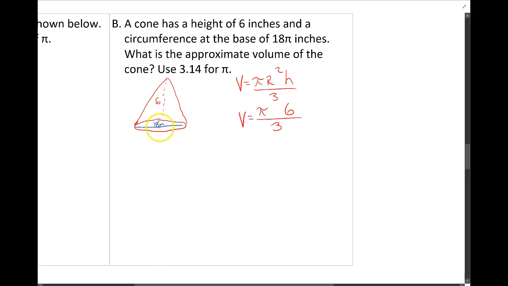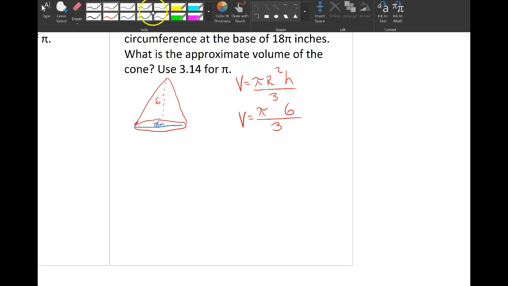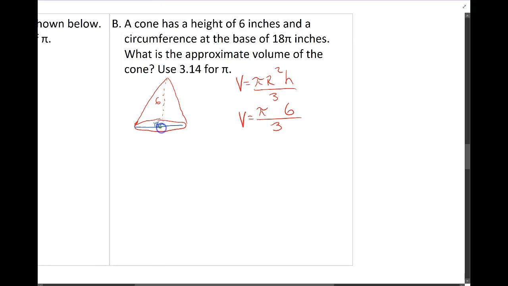The radius is half of the diameter. It's just halfway across the circle, not the full way across the circle. So just so you see, I can't put 18 here. I'm going to put 9 squared because 9 is half of 18.